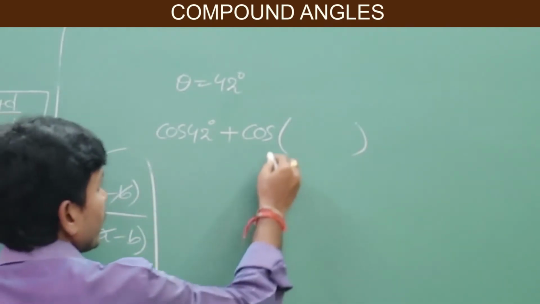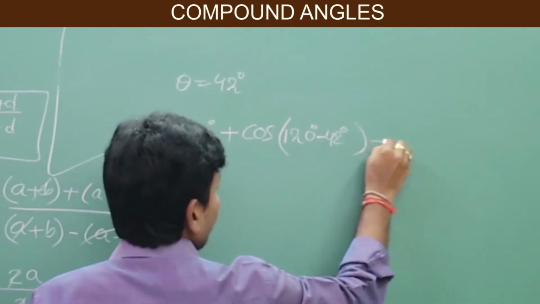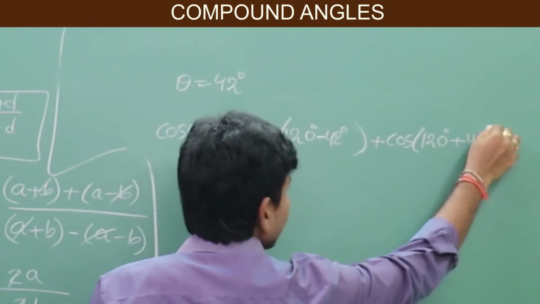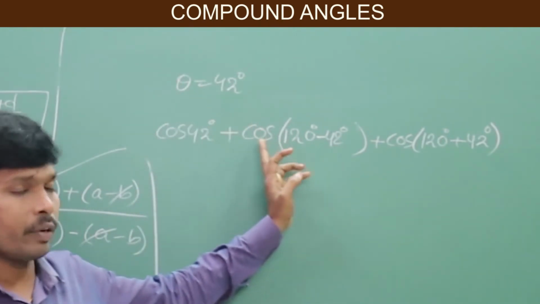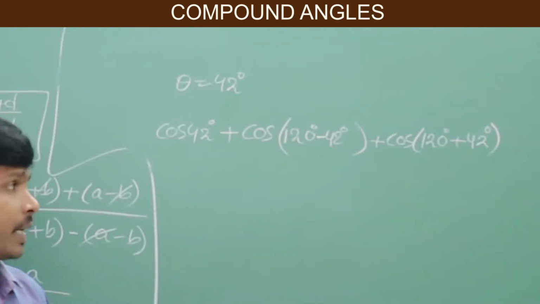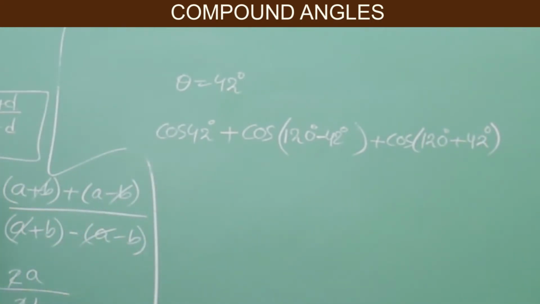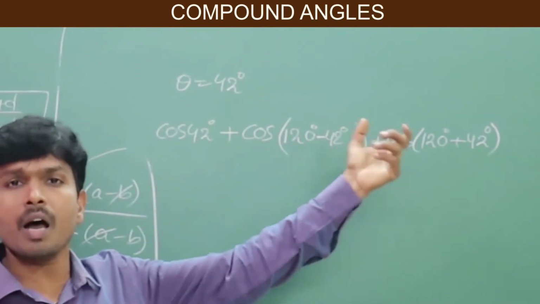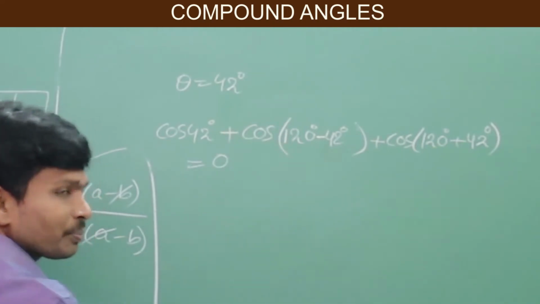How can we express 78 degrees? cos(120°−42°) plus cos(120°+42°). Just observe, is it the given problem or not? Cos 42, okay. 120 minus 42, how much? 78 degrees. 120 plus 42, how much? 162 degrees. So now it is in the form cos θ + cos(120°−θ) + cos(120°+θ). What is the answer? Yes, the answer is 0.